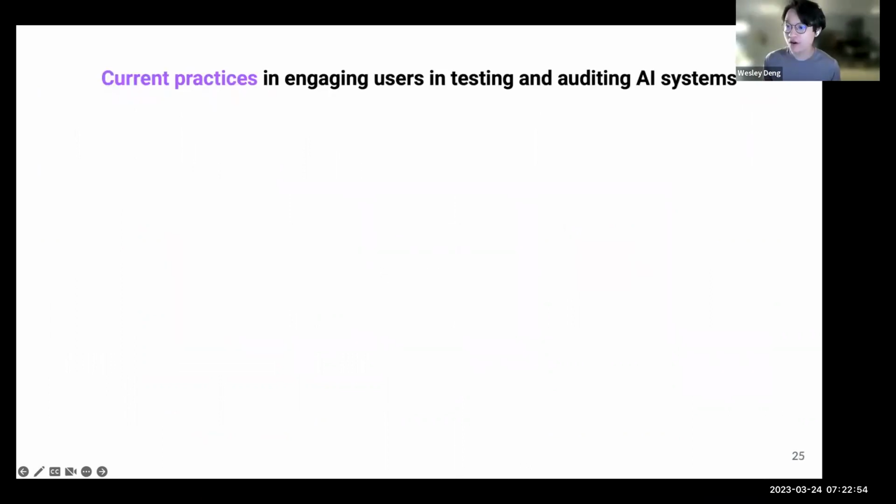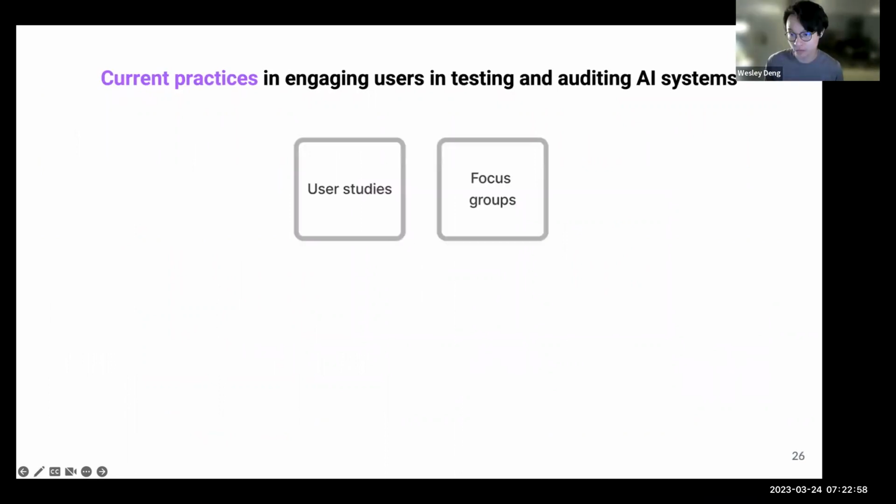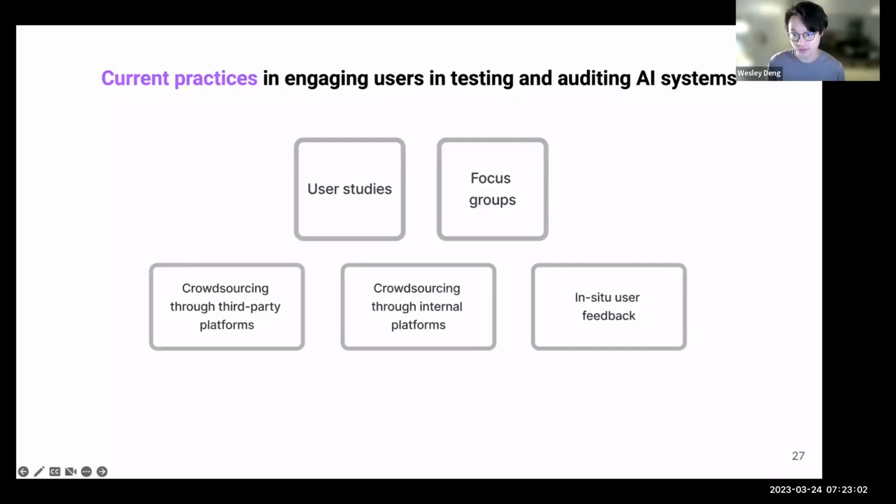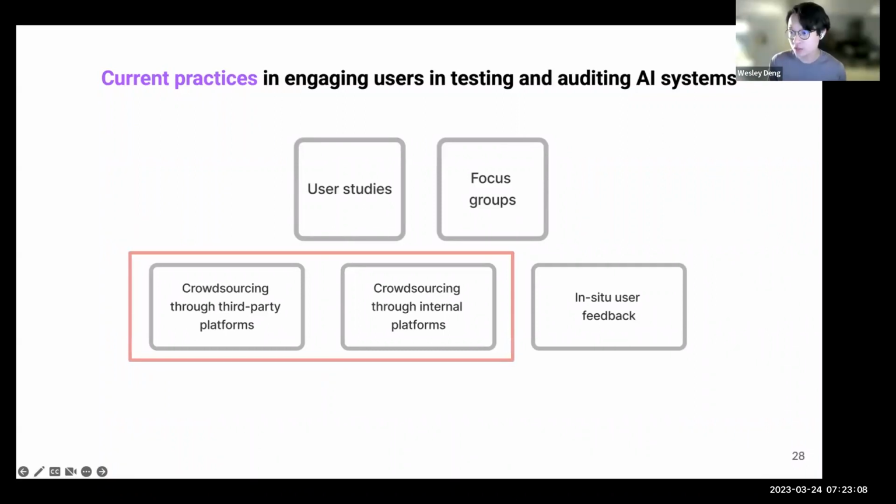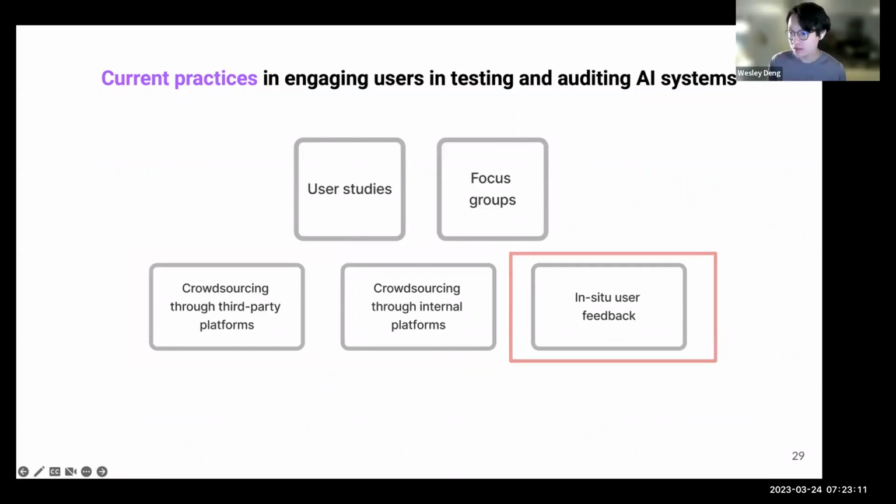In addition, we found that user engagement in current AI testing and auditing varied in scale, from user studies and focus groups with a small group of users to engaging a larger number of users in the auditing process through repurposing crowdsourcing tools and also building in situ user feedback features that are seamlessly integrated into their AI systems' user interfaces.